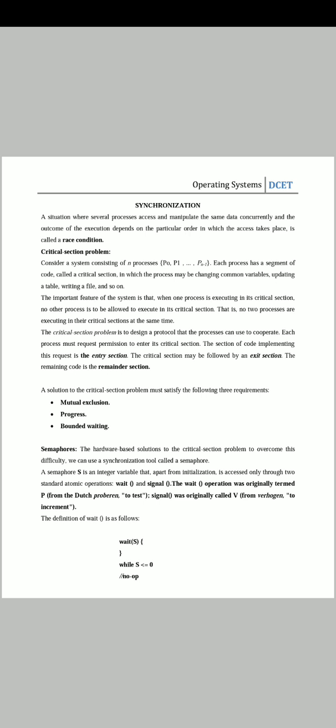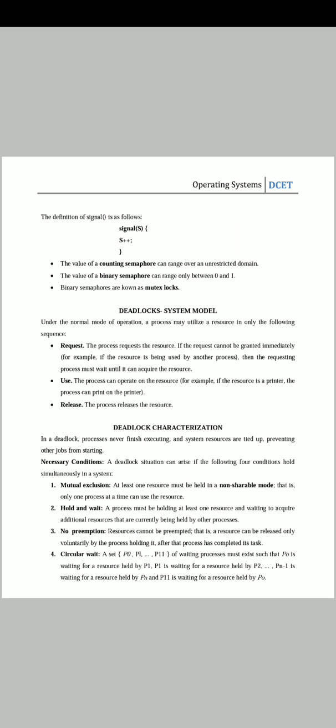When I test it for wait, S is lesser than or equal to 0? S is nothing but 5, and 5 should not be lesser than 0. So at that time I am not performing any operation, then I am moving to the next operation, that is signal.